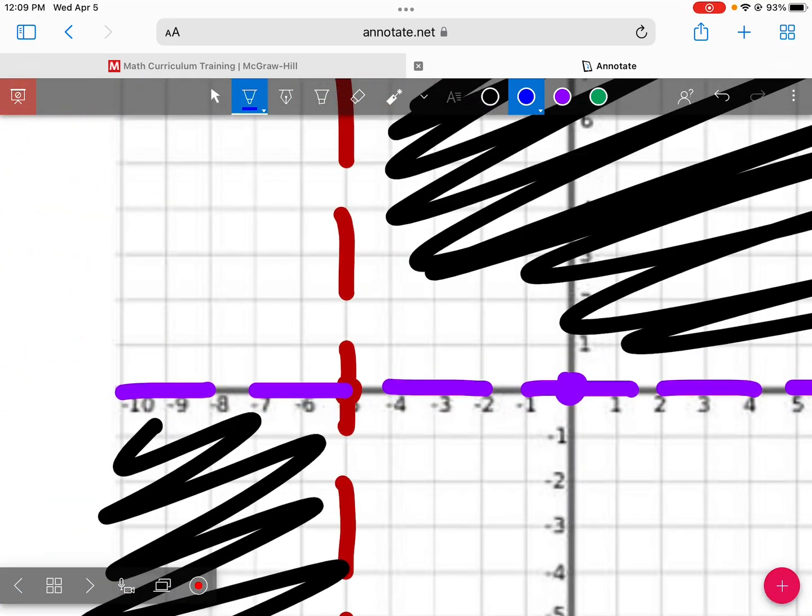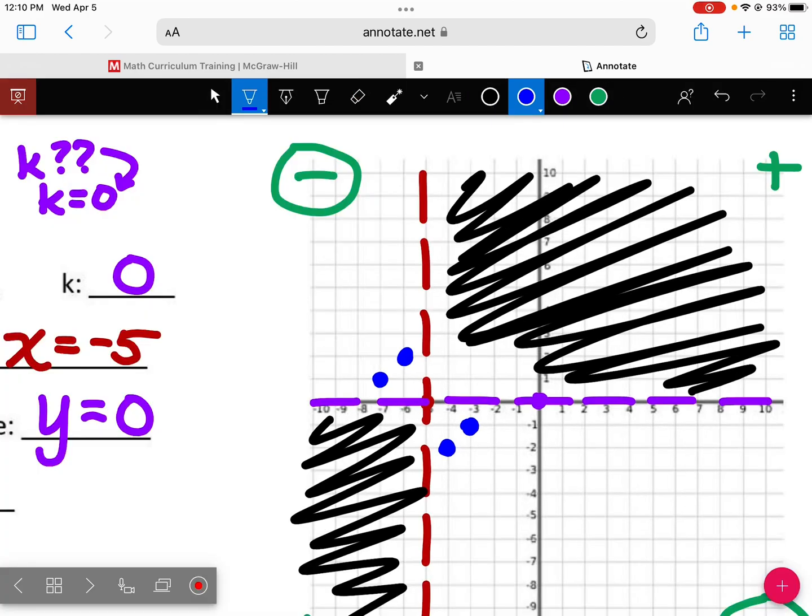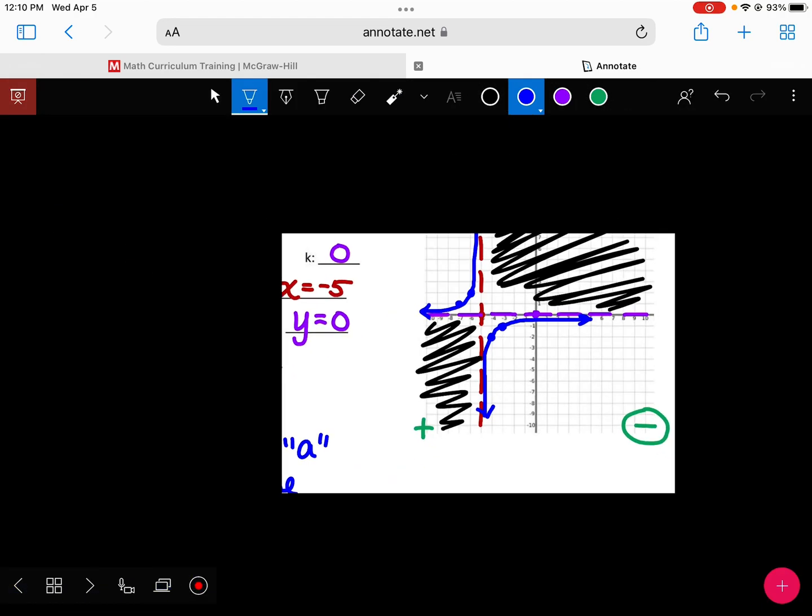Nope. Your points should have ended up right here. Yep. Up 2, in 1, down 2, in 1. Left 2 in 1, right 2 in 1. Have to end up in the negative quadrants.